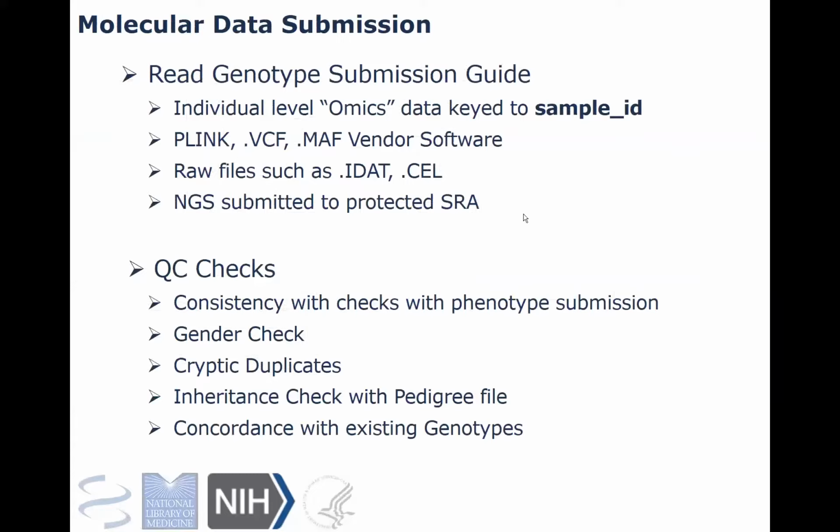The molecular data submission. dbGaP really takes any type of omics data, but largely the studies in dbGaP contain either genotypes from arrays, or genotypes derived from sequencing data, or sequencing data itself, or both. dbGaP will take things like the raw files that come off the genotyping machines, like the IDAT files and the CEL files.